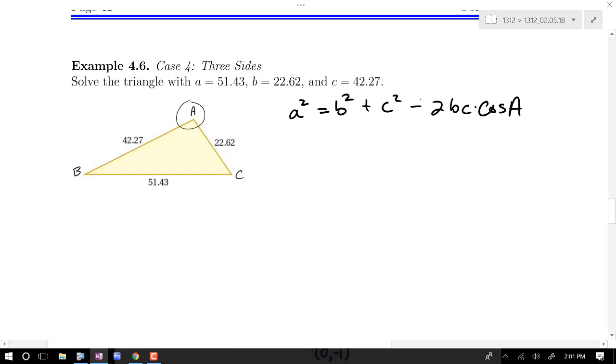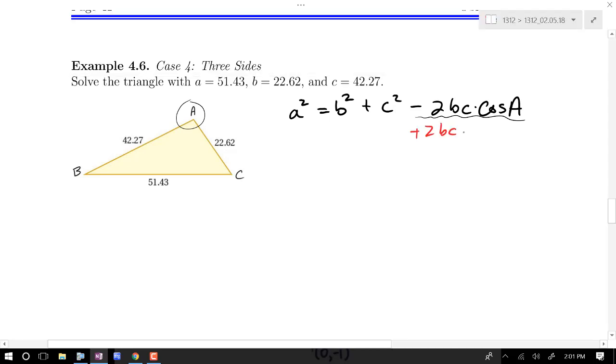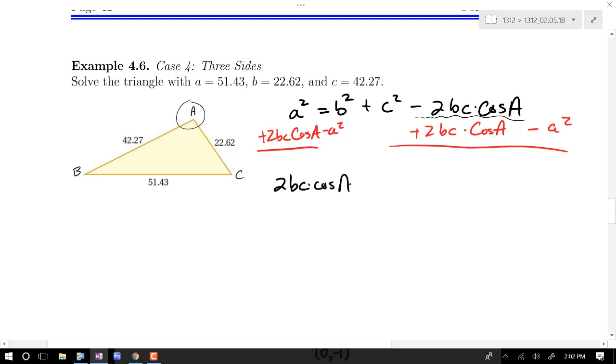So the first thing I'll do is isolate the 2bc cosine of A. In fact, if we add 2bc cosine of A and subtract a squared from both sides, we have 2bc times cosine of A is equal to b squared plus c squared minus a squared.